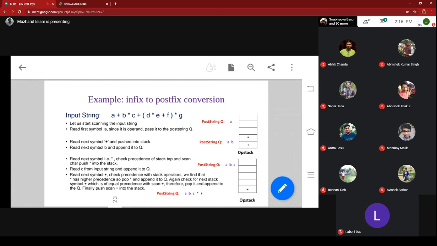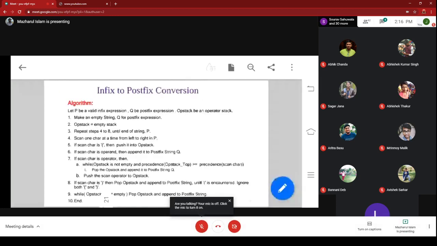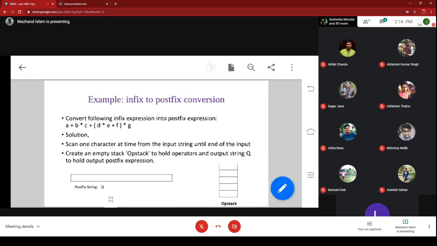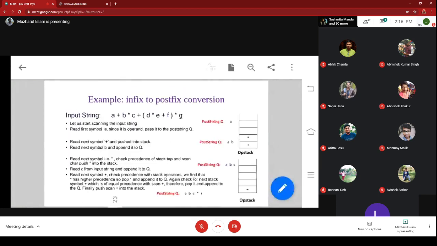So when the scan char is an operand, step number 6 is satisfied. If the scan char is an operand, then append it to the postfix string. So first A is the operand. So the postfix string, it is written in red color. Okay, postfix string Q is A.